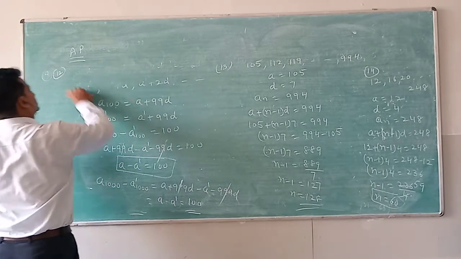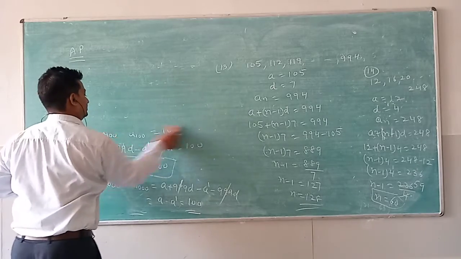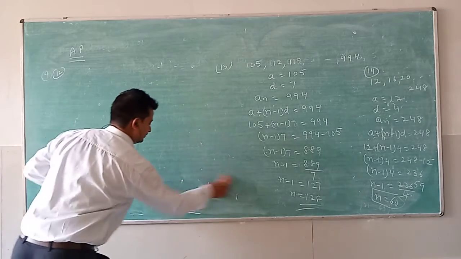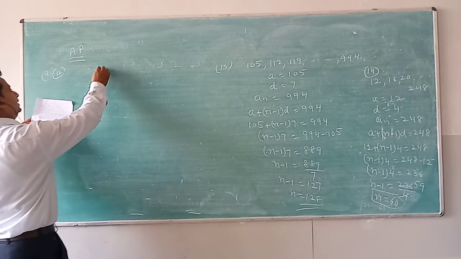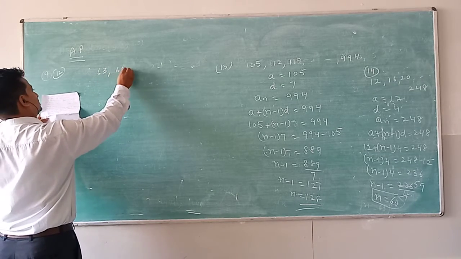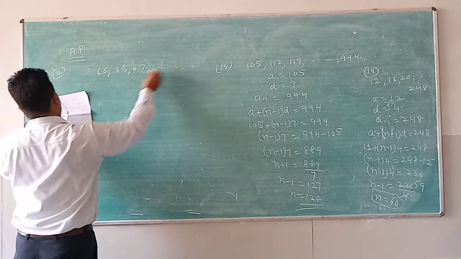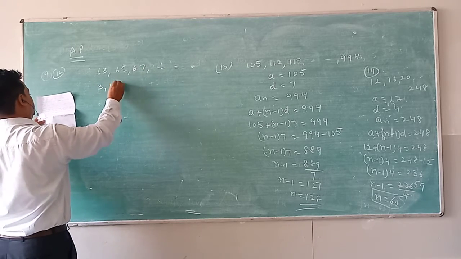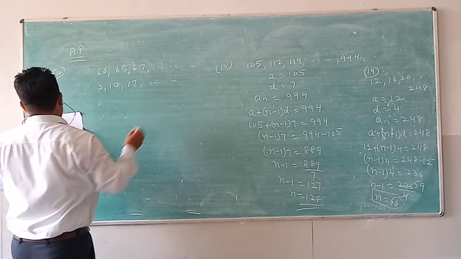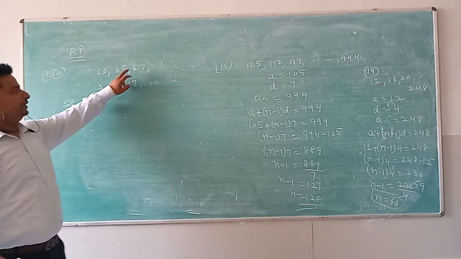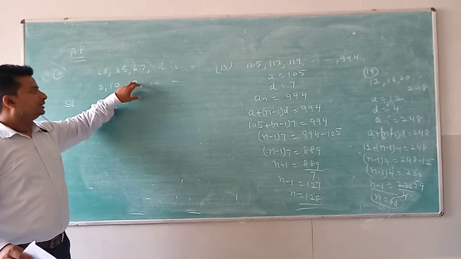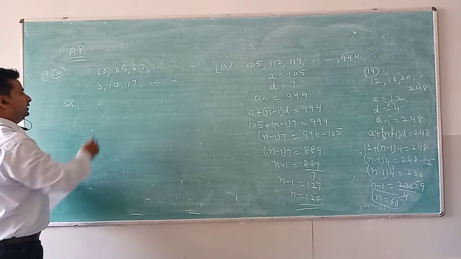In the next question, the statement is: for what value of n are the nth terms of the two APs equal? The first AP is 63, 65, 67, and the second AP is 3, 10, 17. We are required to find the value of n where the terms of these two APs are equal.